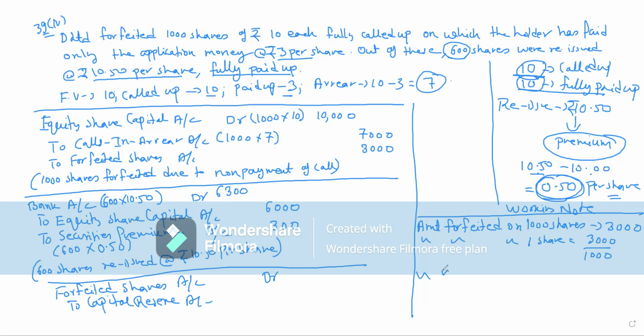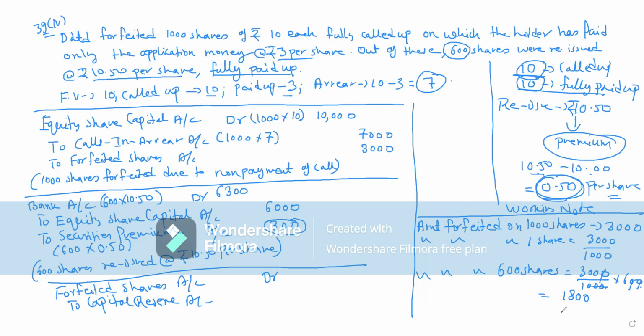Now amount forfeited on 600 shares will be how much? 3000 by 1000 into 600, how much is this? 1800 came.